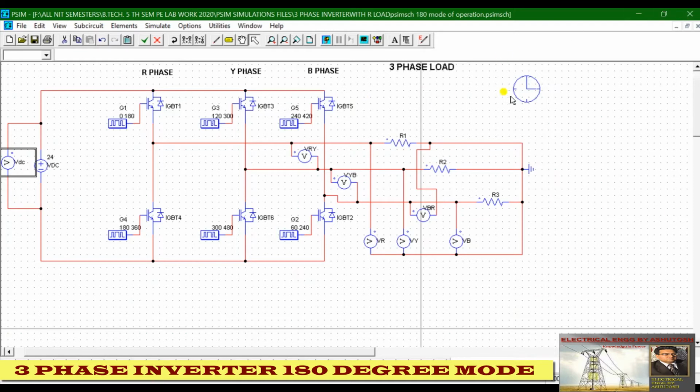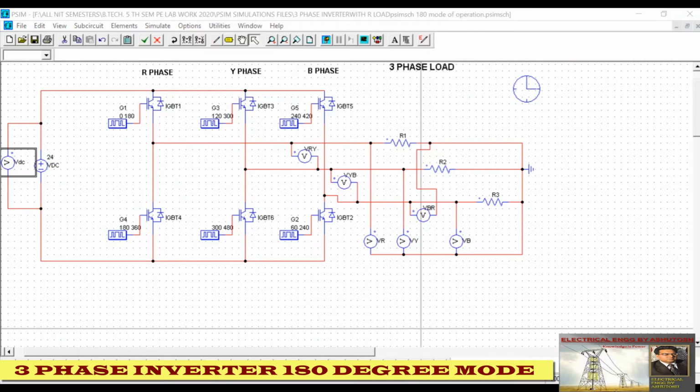This is our three-phase star-connected resistive load. We have joined a ground to earth. This is our circuit, and we have connected 3 voltmeters for phase voltages and 3 voltmeters for line voltages, guys. I will explain all the circuit and waveforms.